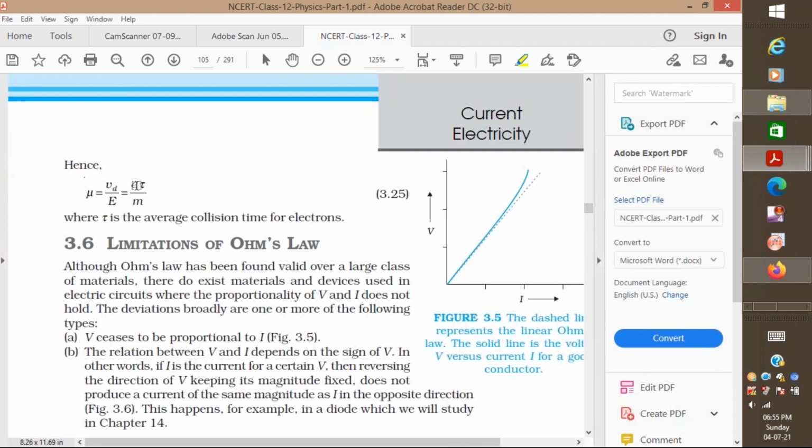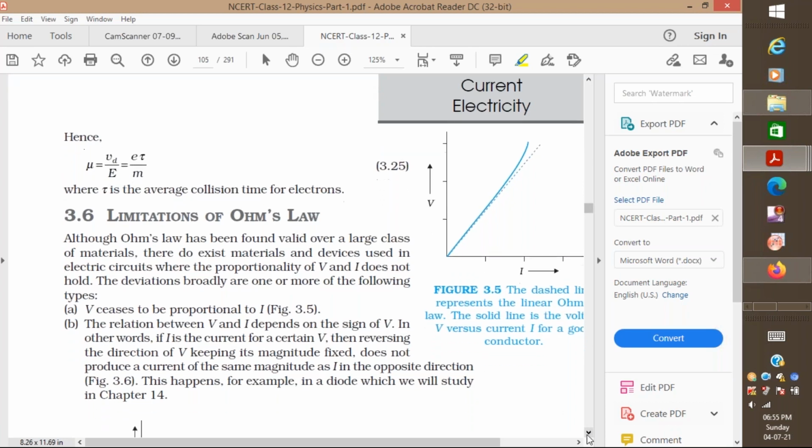Sometimes they will ask you to find the dimension or unit of the mobility, or to write down the expression for it, so you need to remember it logically. This is called mobility of the electrons, and depending on that, you get the current or the conductivity, etc. Depending on the mobility, that is, the probability of having motion for electrons.